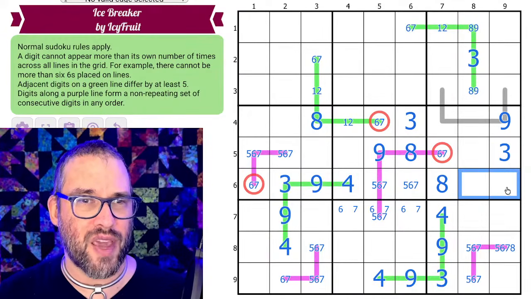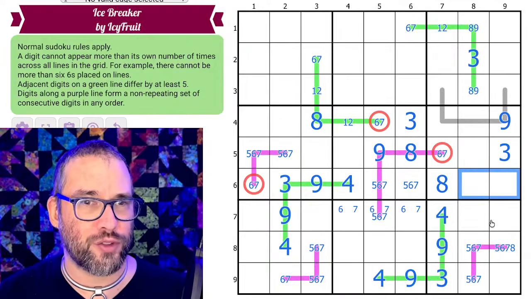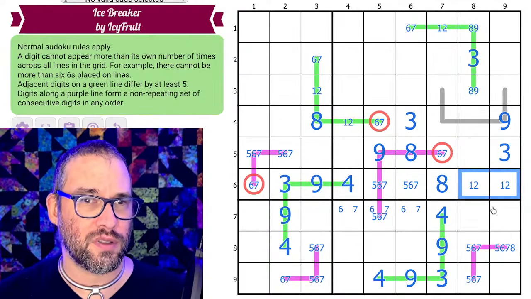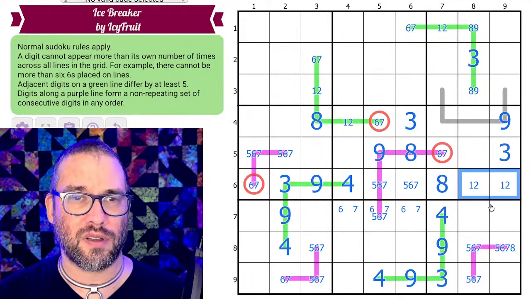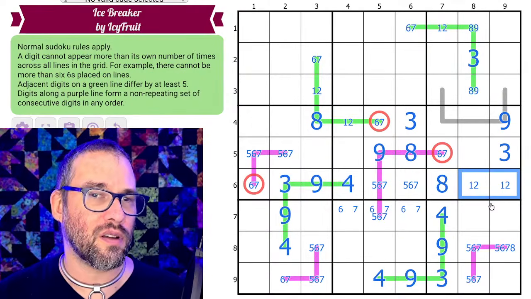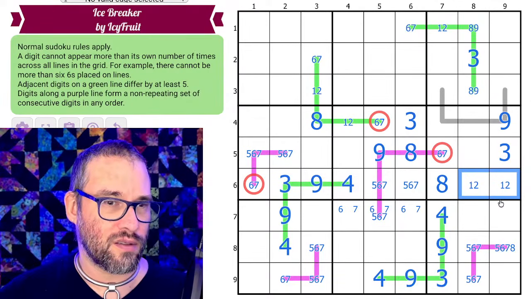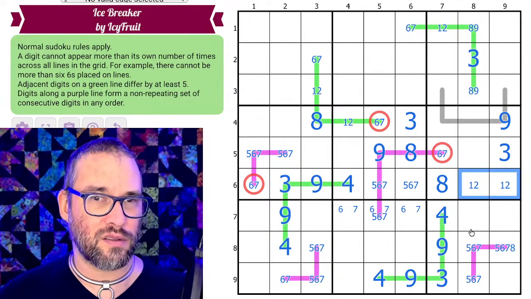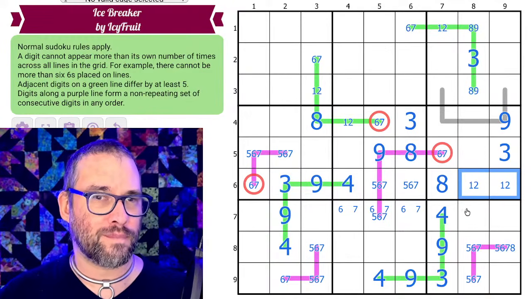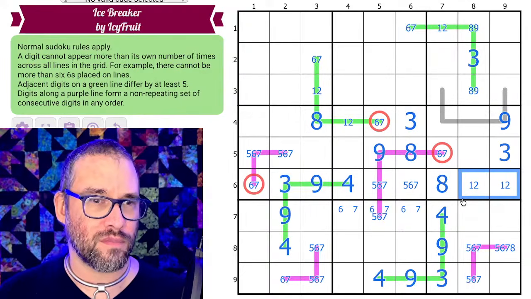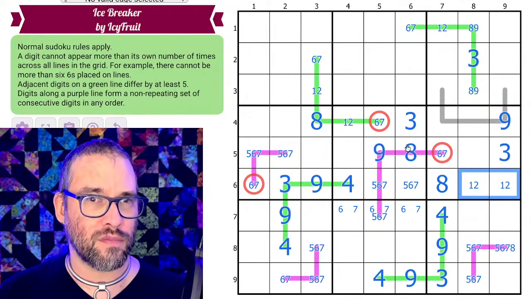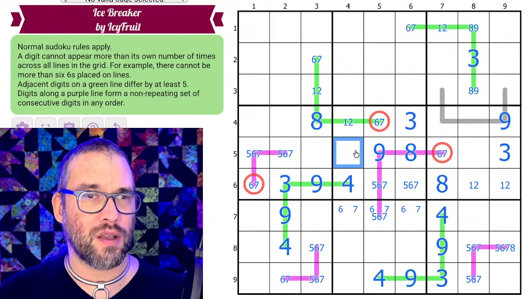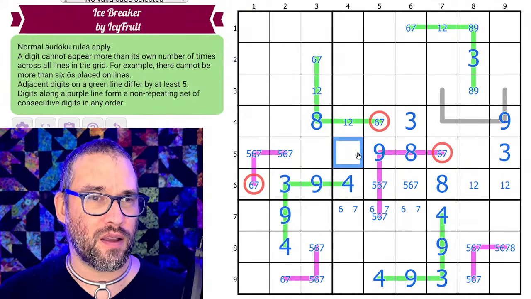So we just have a pair left in the row of 1, 2. Oh, this is also 1, 2.